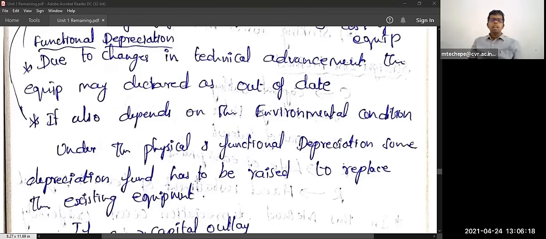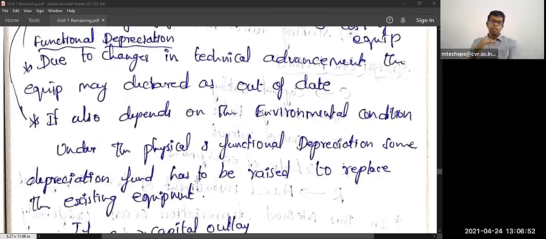Also, if you locate the substation near the seashore, even though you close it on all four sides, from the air you will get salty particles. That salty formation will settle on some equipment and transmission lines.